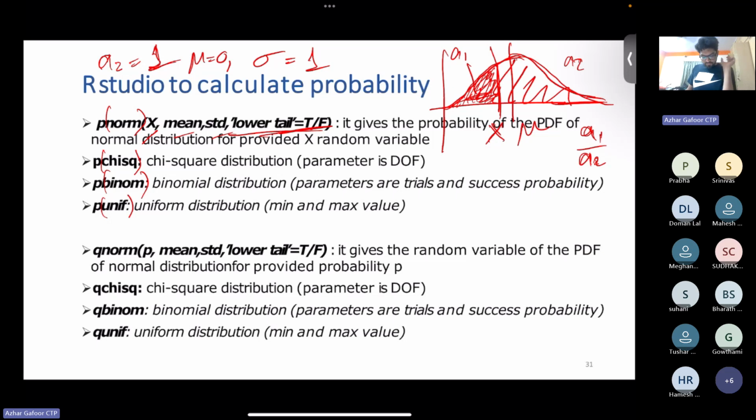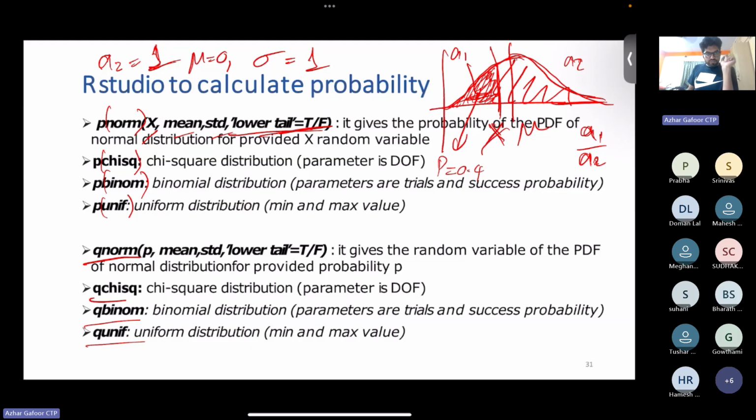Now, qnorm or qchisq, qbinom, qunif is used when, let's say, we are given this probability value, say 0.4, and we are asked to find this x.